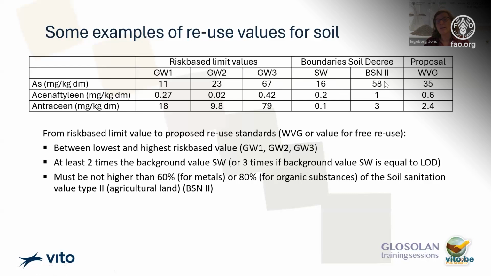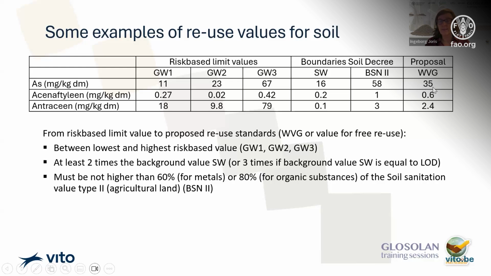And it should be a bit lower than the strictest soil sanitation value, because otherwise we are speaking about soil contaminations. And here we are looking for free reuse values to use all over the country, not only in contaminated soil zones. So based on this, the value is put at 60% of the strictest value.